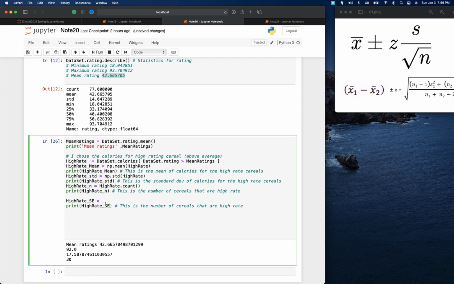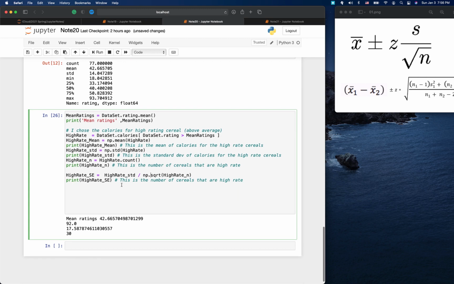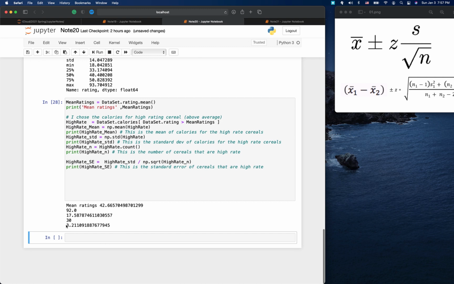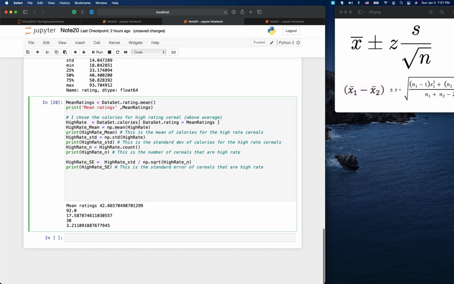So we will choose the standard deviation, divide by SQRT of the number of high rated cereals. Correct? Actually np dot sqrt. I think now it's correct. This is the standard error. So standard error is 3.2, which is this one. What else?